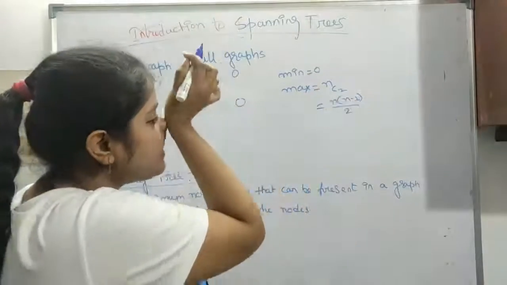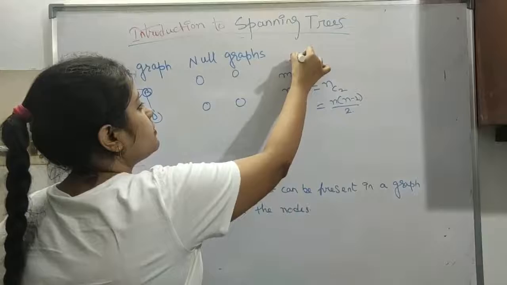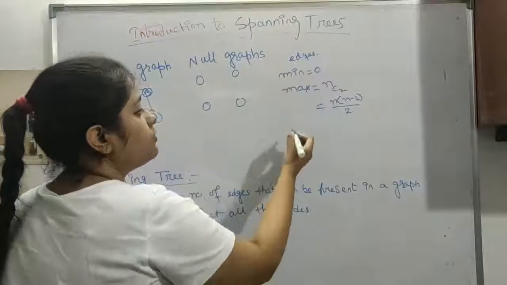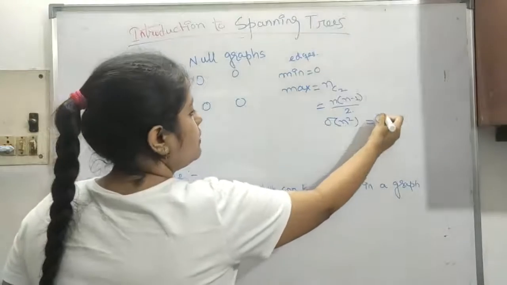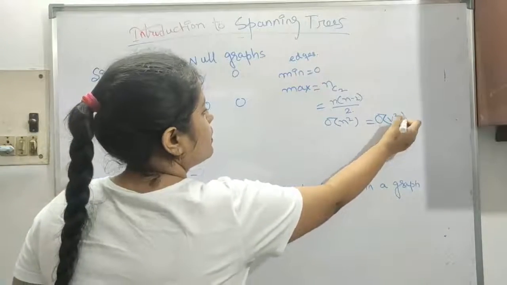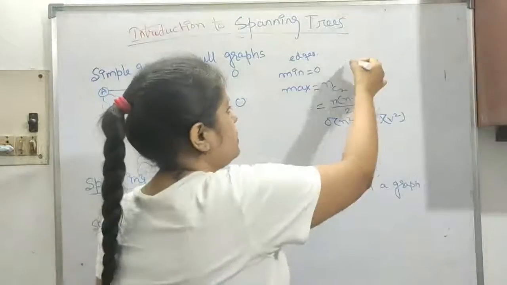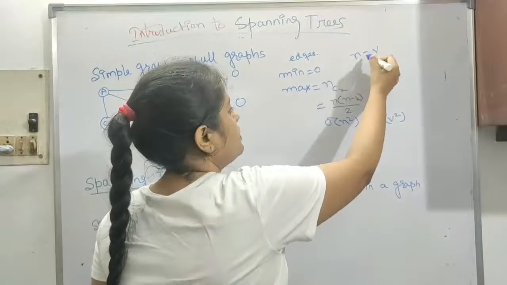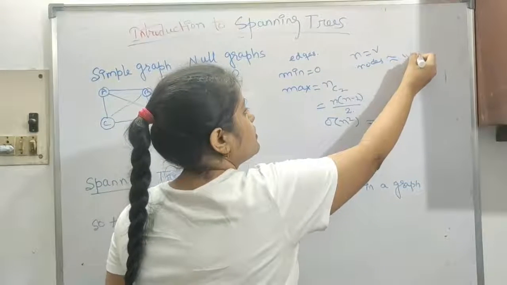Okay, so this is the maximum and minimum number of edges present. So this is basically order of n square, or you can say order of v square. n means nodes, v means vertices. We use this very commonly. So n is v, basically nodes, which is vertices here.